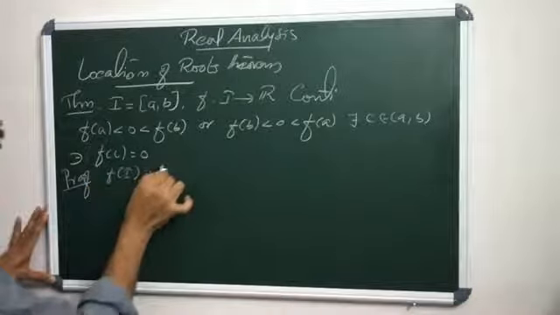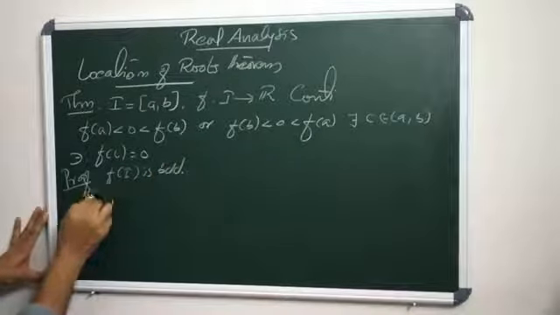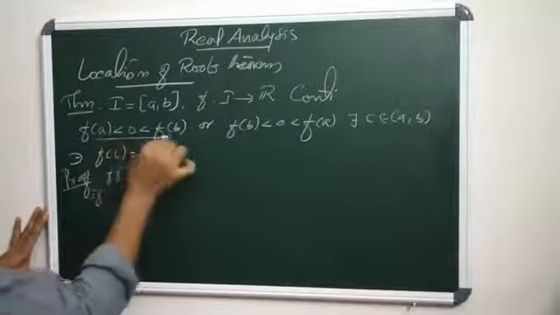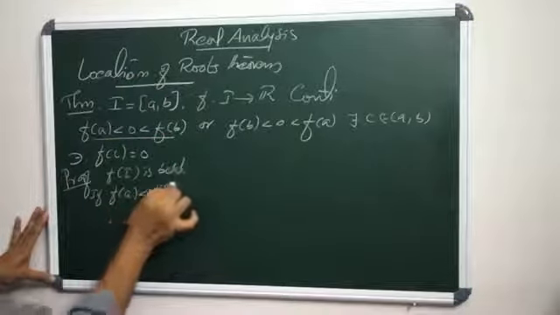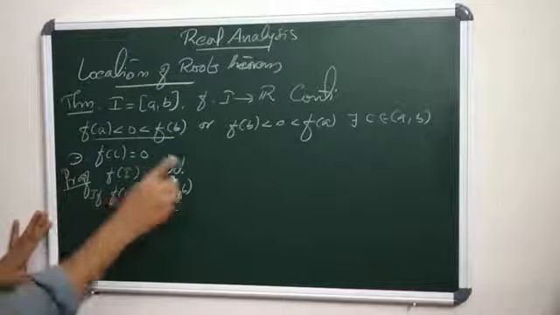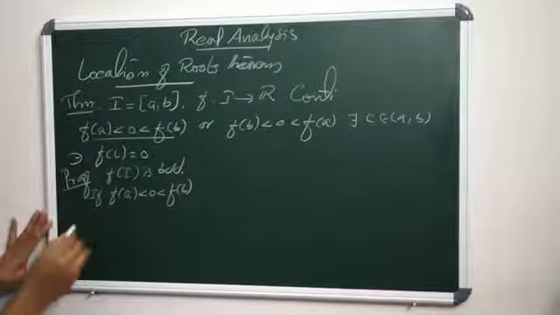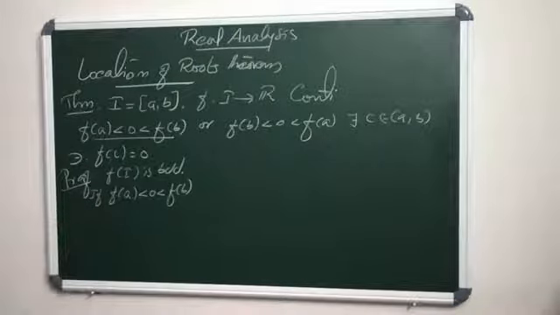Now suppose the first case holds, that is f(a) < 0 < f(b). Then what happens here? You can bisect the closed interval [a, b] successively.